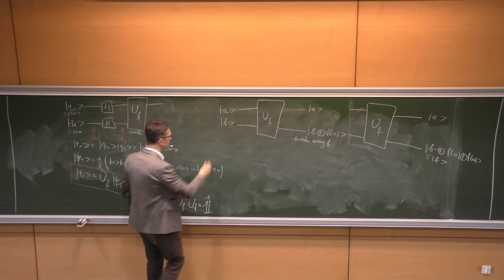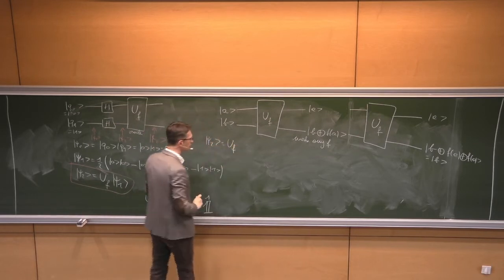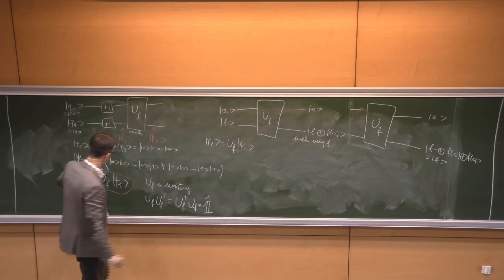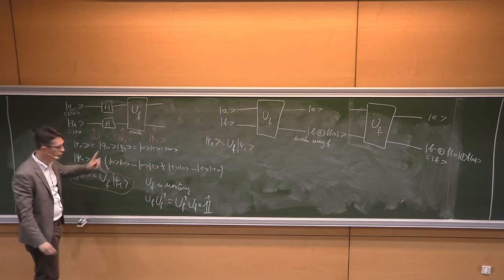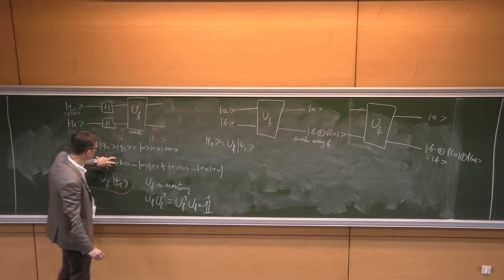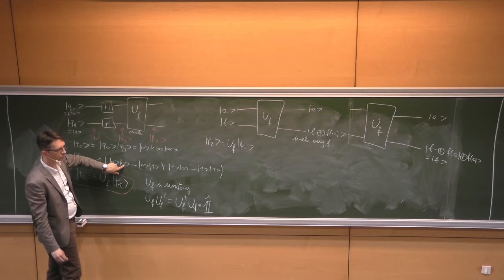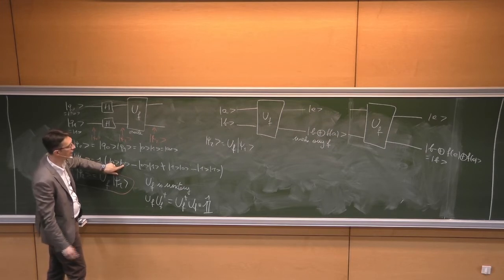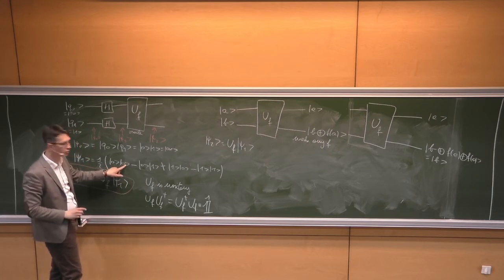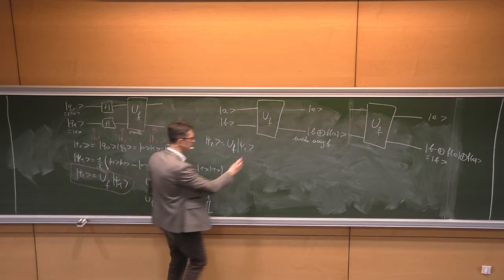So psi 2 equals this unitary matrix U of f applied to psi 1. The first qubit is untouched, but the second qubit is added the function f of a. So if it's 0, I add f of 0, and if it's 1, I add f of 1. Okay, so let's do this.